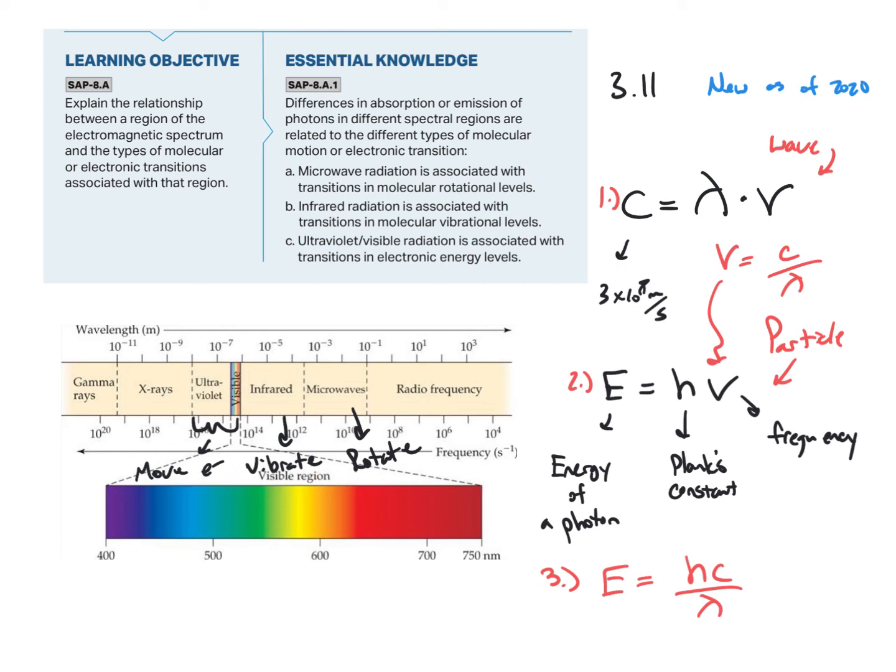Is that energy a photon in the microwave area where it's rotating, or in the vibrational area where it's just vibrating in the infrared, or is that energy high enough to dislodge electrons? That's why you want to know this formula and have it on hand, so that if you were given an energy of a photon, you could figure out what wavelength it is and how that affects the molecule.